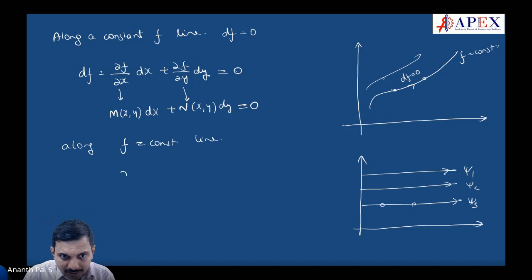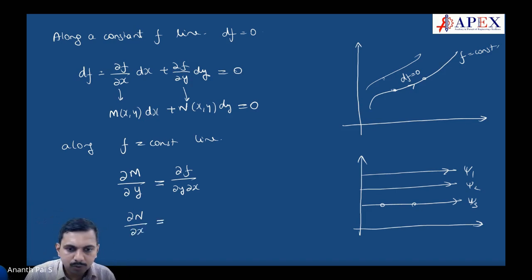Now, what is dou m by dou y? Dou m by dou y would be equal to dou square f by dou y dou x, correct? And dou n by dou x would be equal to dou square f by dou x dou y.